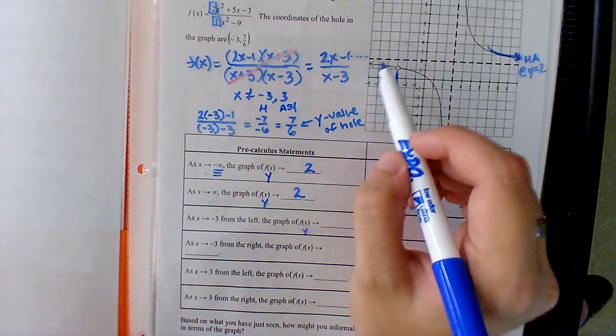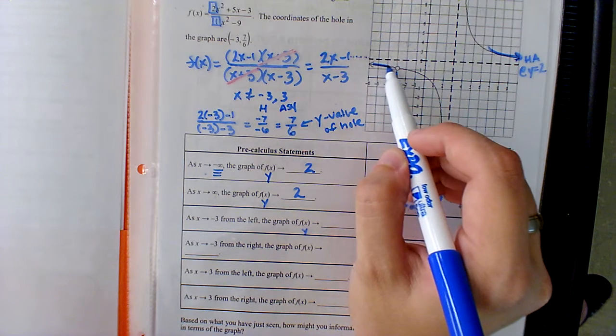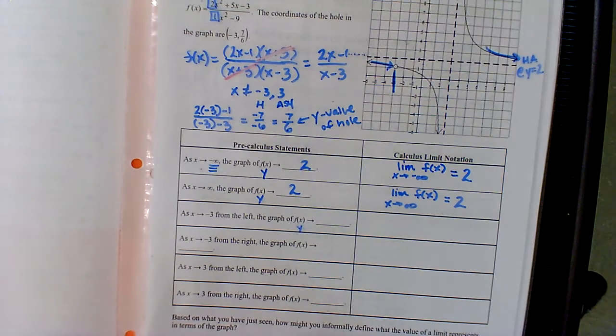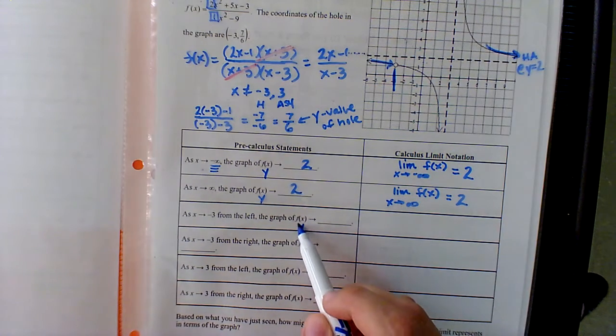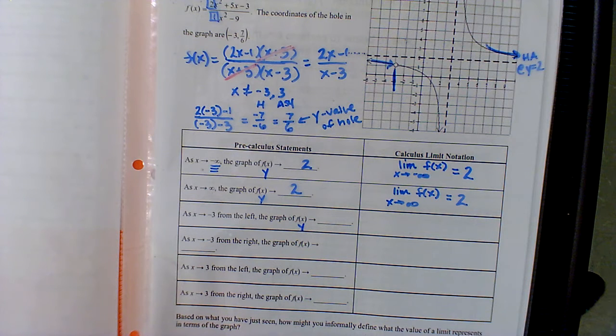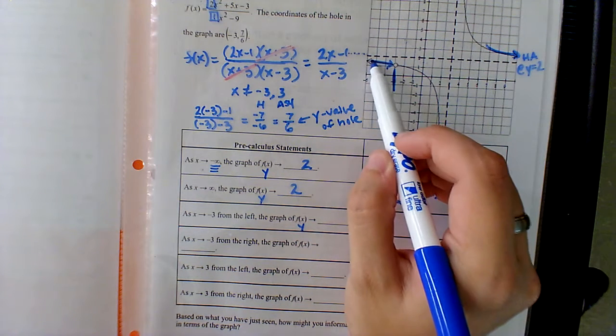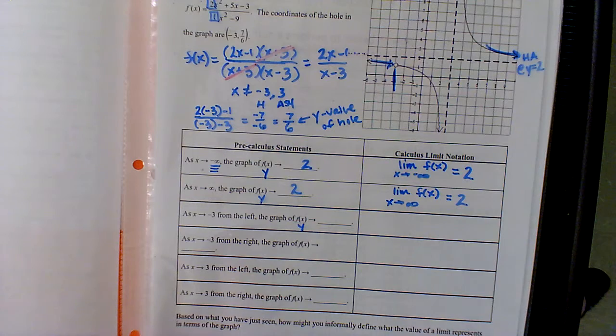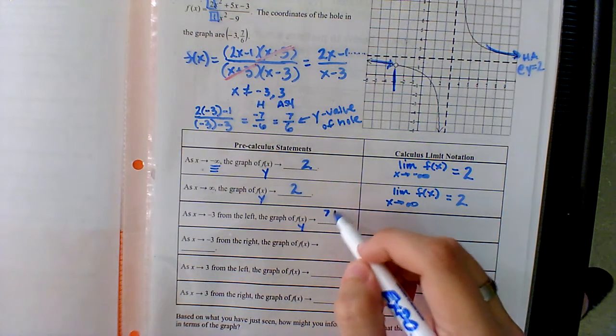And if you were to trace the graph from the left-hand side to that point, what's the y value getting closer and closer to? Let's see, as you trace from the left, aren't you getting closer and closer to that hole? Right? So what's the y value of that hole? Go, Justin? 7/6. 7/6, right.